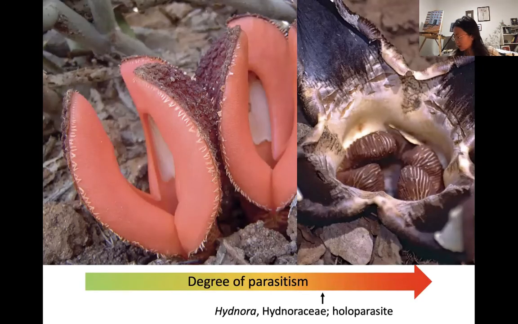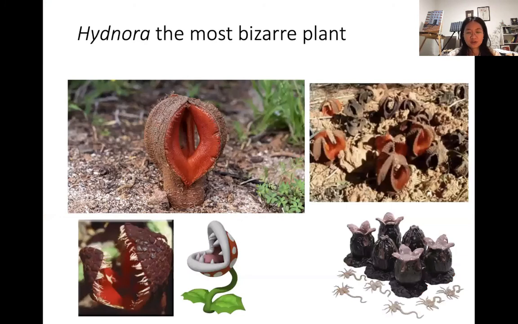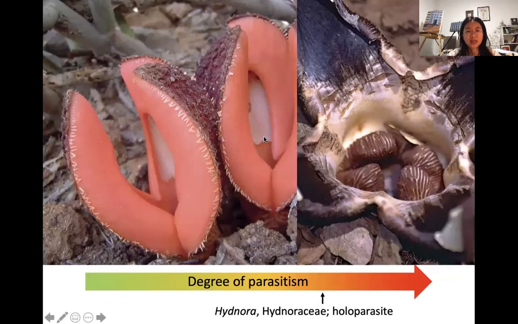And then a fourth, and a really weird type of parasite that I want to introduce here is Hydnora, excuse me. At first glance, it really is a weird looking plant. You may not even associate it with plants given its appearance.